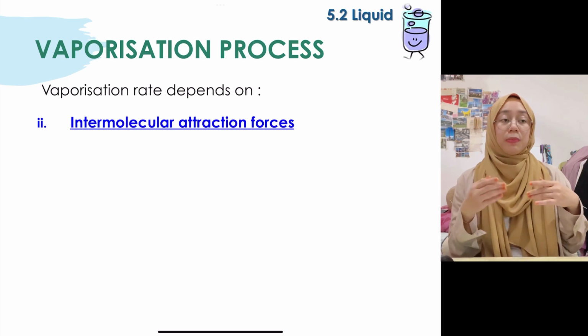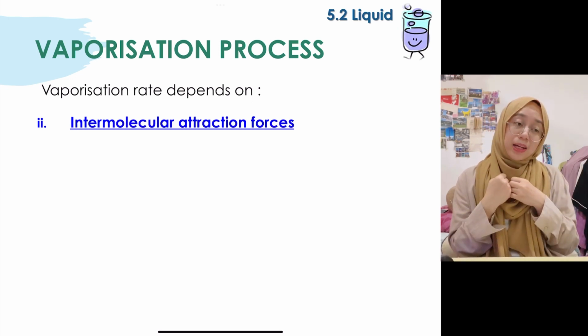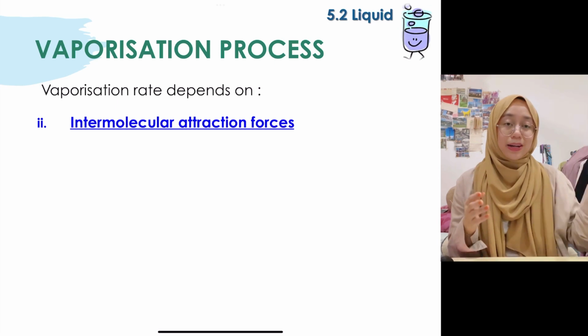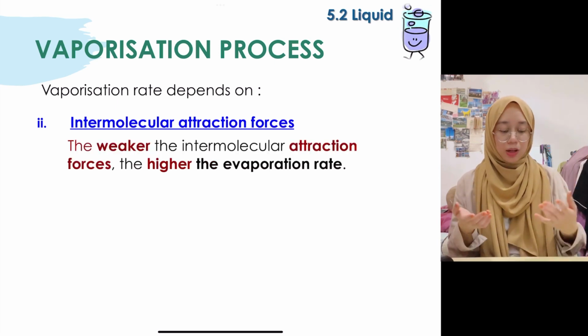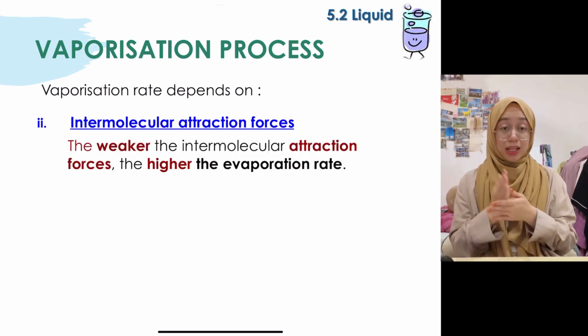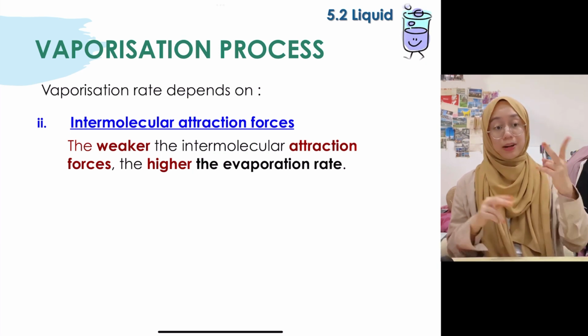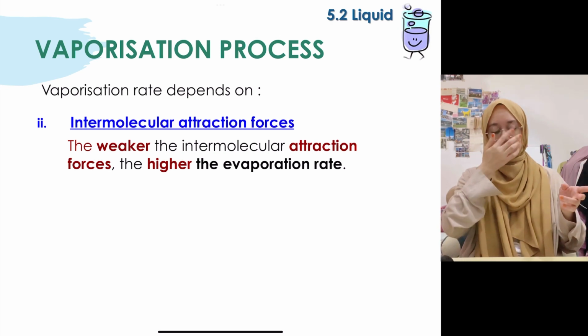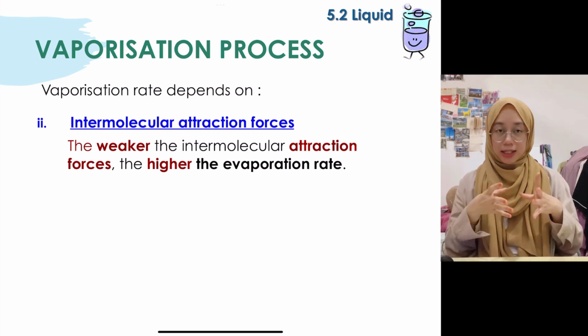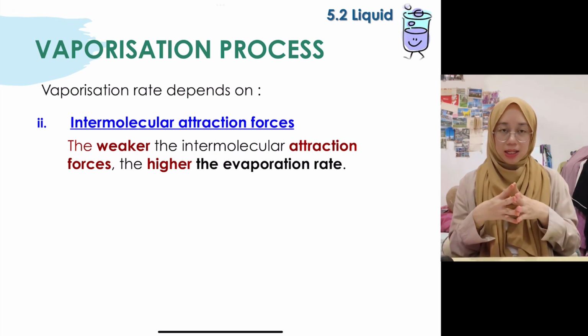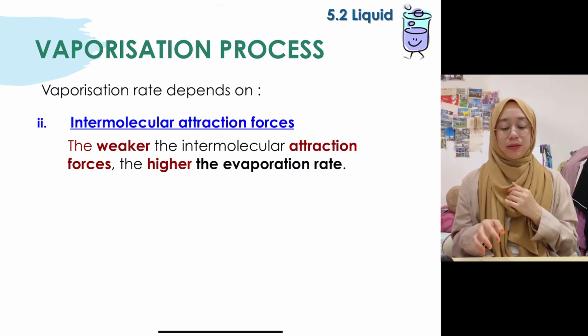Tapi kalau weaker intermolecular forces meaning it easily vaporizes. Okay, so the weaker the intermolecular attraction forces, the higher the evaporation rate, or vice versa. Okay, so kalau lagi kuat intermolecular forces, so lower the evaporation rate then.